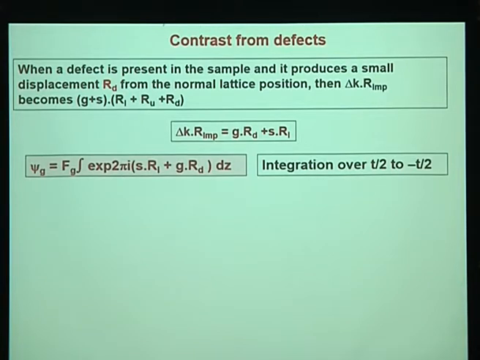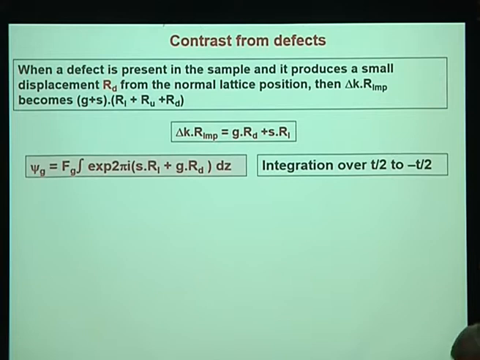It depends upon the deviation from the Bragg condition, as well as, if a defect is there, what is going to be the g dot, that is, not Burgers vector, the diffraction vector which we use to image the defect, the dot product of it with the defect vector.